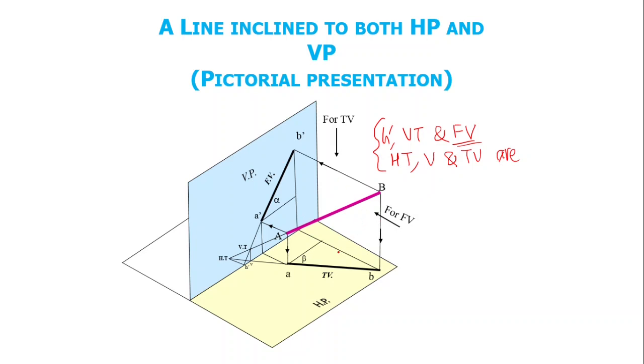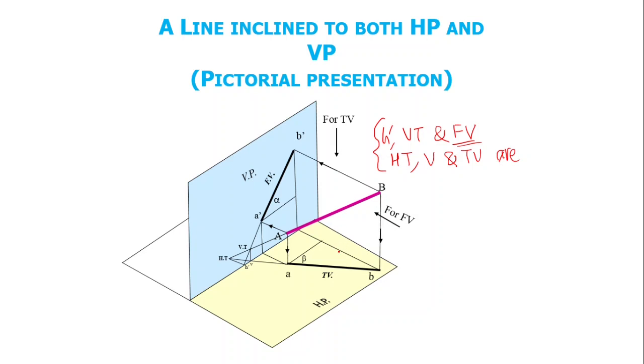In this problem, A dash B dash is the front view and AB is the top view. These two views are given in the figure, and we can find the true length of the line capital AB using the trapezoidal method.